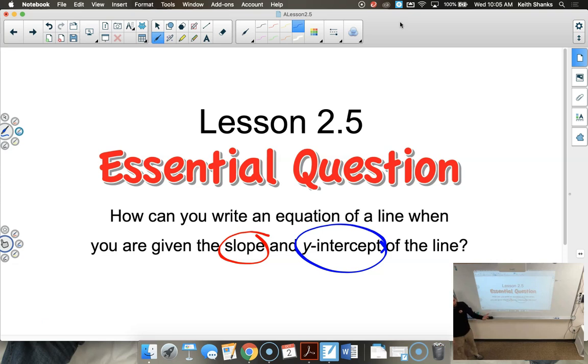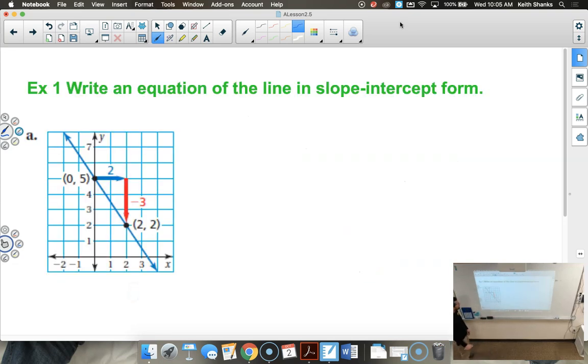They gave me these two things, and there's an equation that deals with those things. So let's use that. It says write the equation in slope-intercept form. My encouragement to you is this: anytime they ask you to write the equation of a line, unless they say do it in standard form, this is kind of the default.